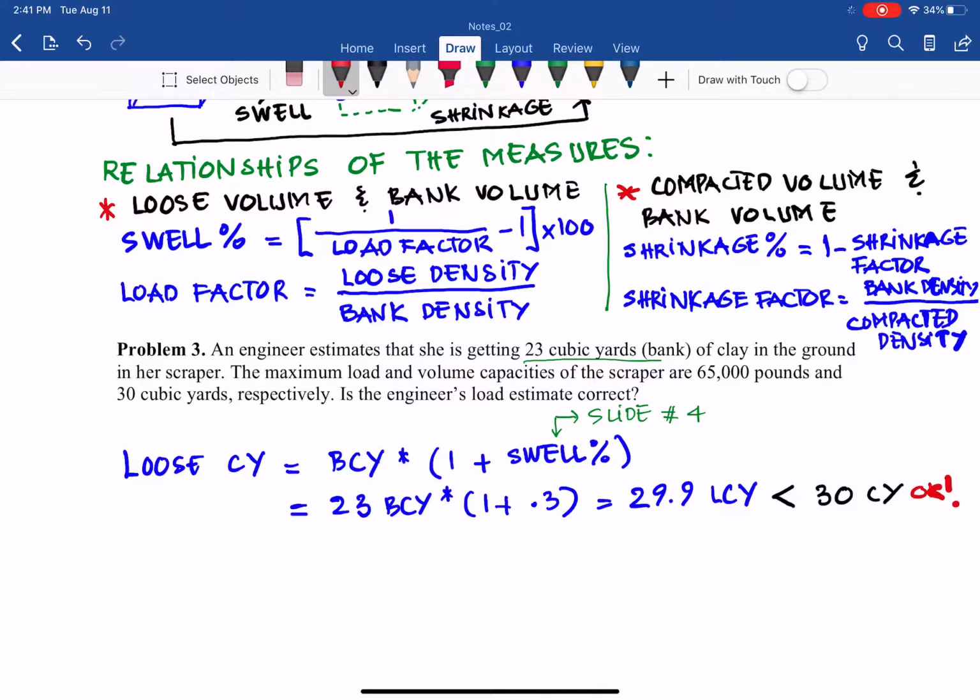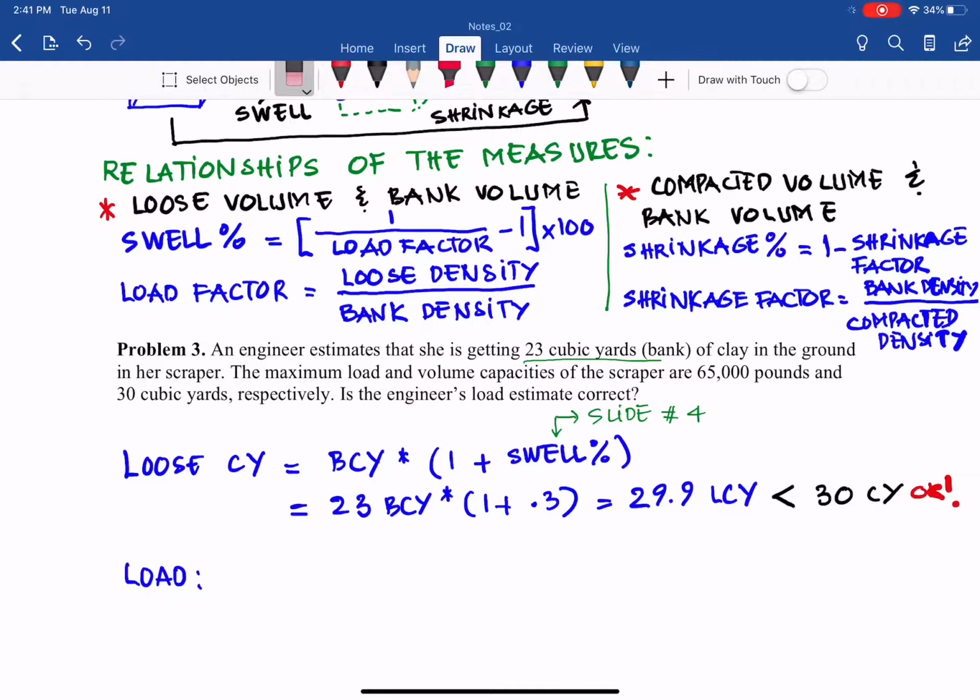Now let's talk about the load. It's like the number of people in an elevator: whether the load with that number of people meets the limit of the elevator. This is meeting the limit of the scraper. So we can have another dimension, which is load in terms of weight. The weight equals the volume times the density.